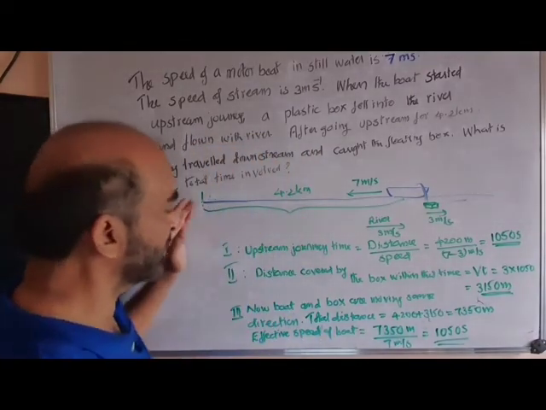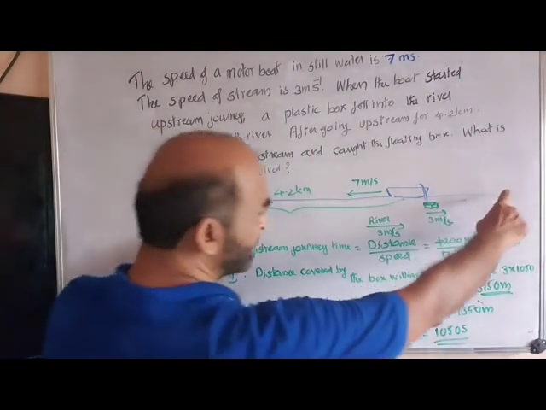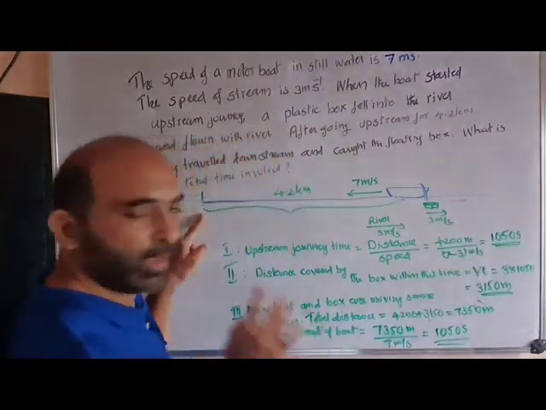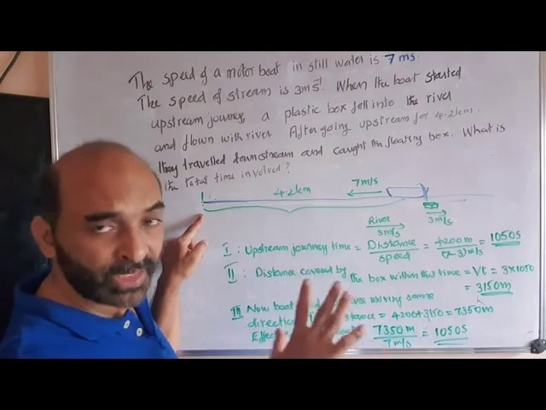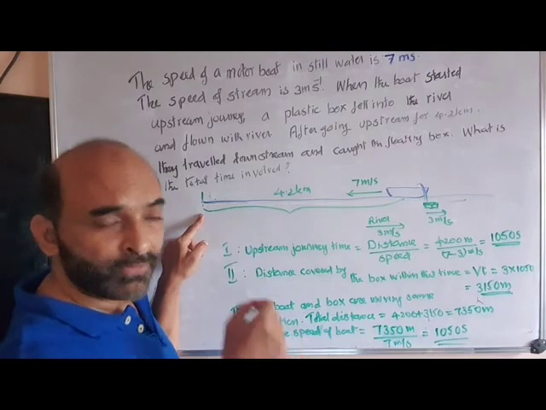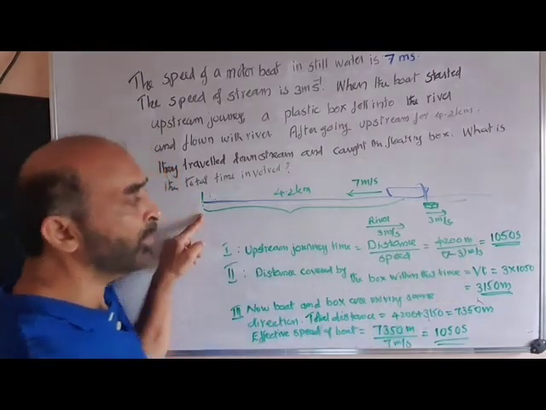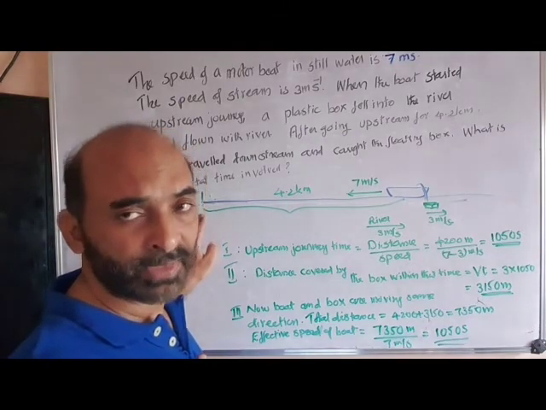Now the last stage. The boat is here. It has to catch the box here. The original speed of the boat is 7 meter per second. If it is moving in the direction of the river, we can say its speed now becomes 7 plus 3, 10 meter per second.